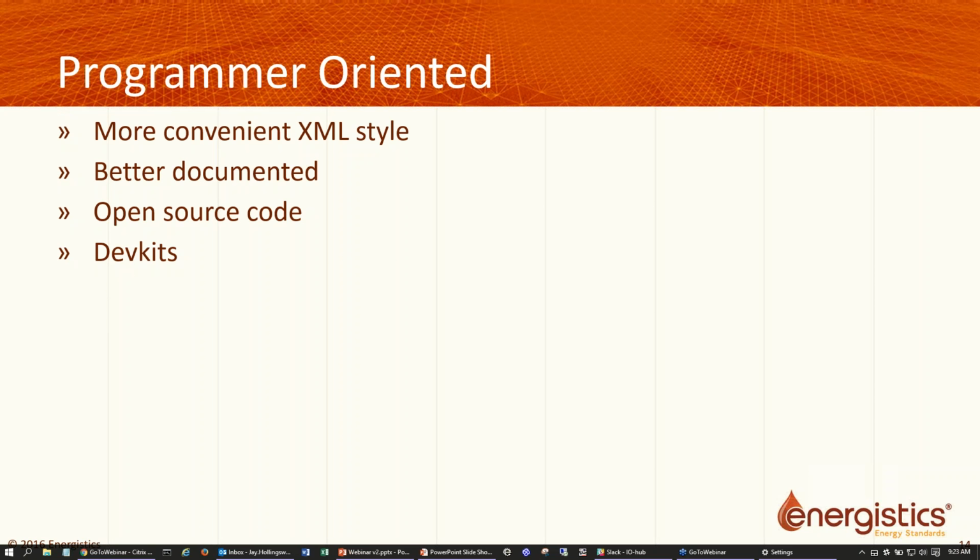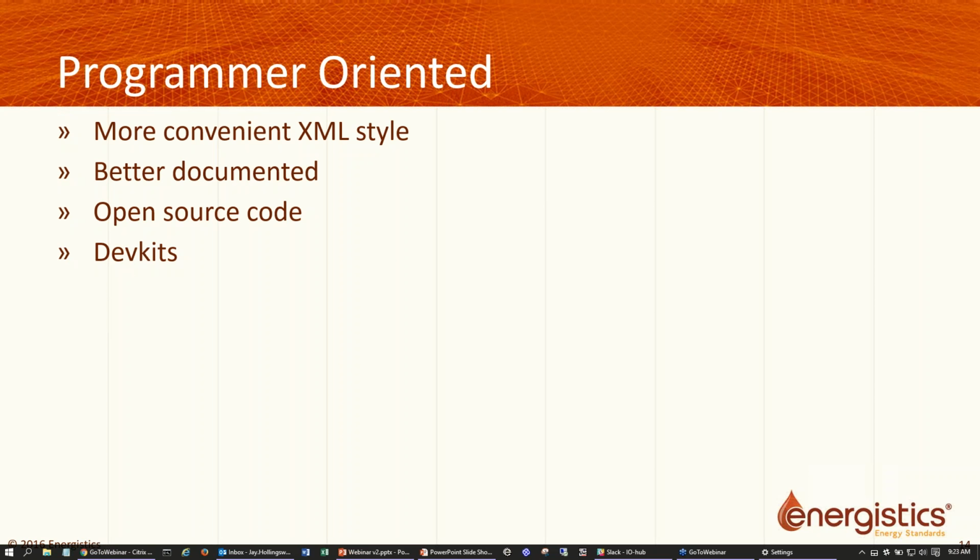But the people who really use the standards are computer programmers. And the style of the standards and the documentation that came with the standards wasn't necessarily really oriented towards programmer productivity. Well, that's changed. So now in WITSML V2.0, you'll find stuff that's there to make programmers' lives easier.